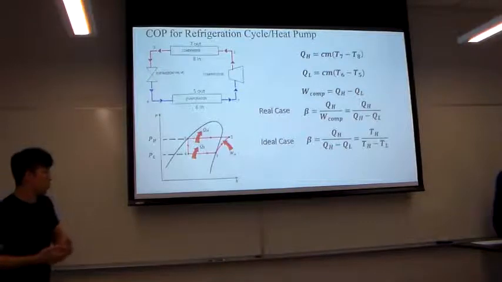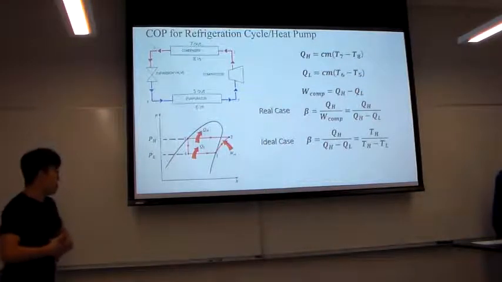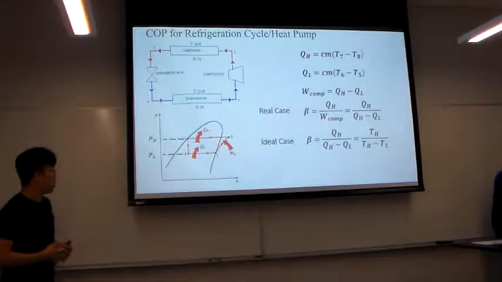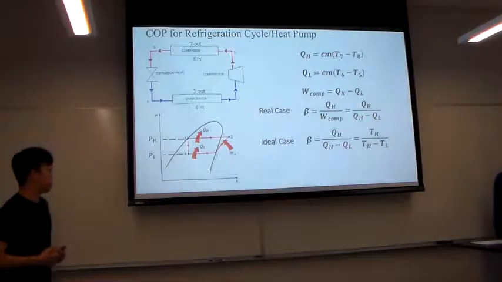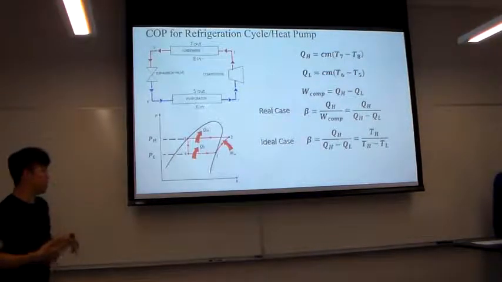We want QH, and what we input to the system is the work from the compressor. In ideal cases, the COP can be simplified further into TH divided by the difference between TH and TL. TH is the ambient temperature around the condenser, and TL is the ambient temperature around the evaporator.